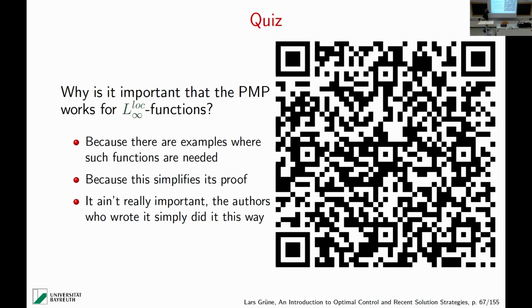First, there are examples where such functions are really needed. The second is, it simplifies the proof; more general functions make an easier proof. And the third answer is, actually, it's not really important, it's just the way the authors wrote it, so they decided to do that, but there's no real need for that.